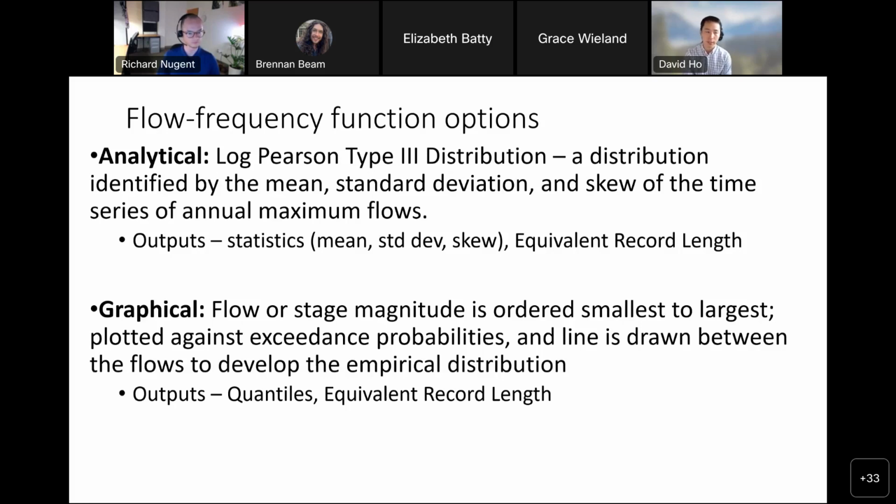In our example, we had the 10% annual exceedance probability, and that flow value was 100 CFS. Another quantile would be the 1% annual exceedance probability, and the flow value could be something like 1,000 CFS, right? So you have to specify those relationships into FDA. And at the same time, we're also going to put in the equivalent record length as well, and that's also going to be something like the period of record.